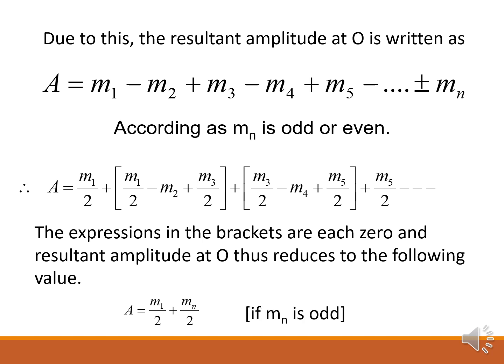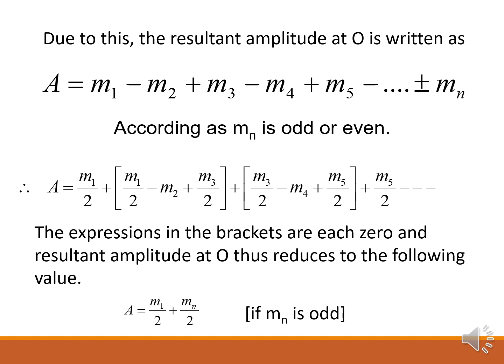Due to this, the resultant amplitude at O is written as A equals M1 minus M2 plus M3 minus M4, like this it is written. A is equal to M1 by 2 plus (M1 by 2 minus M2 plus M3 by 2) plus (M3 by 2 minus M4 plus M5 by 2), etc. The expressions in the brackets are each 0 and the resultant amplitude at O reduces to the following value.